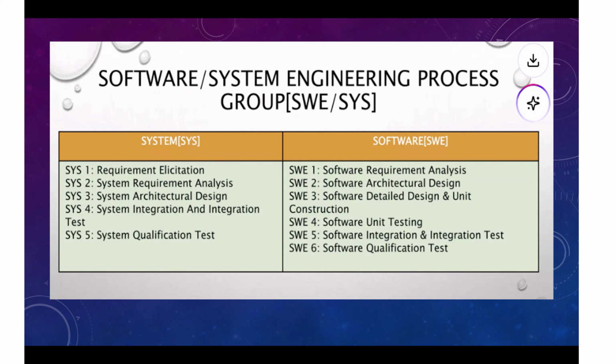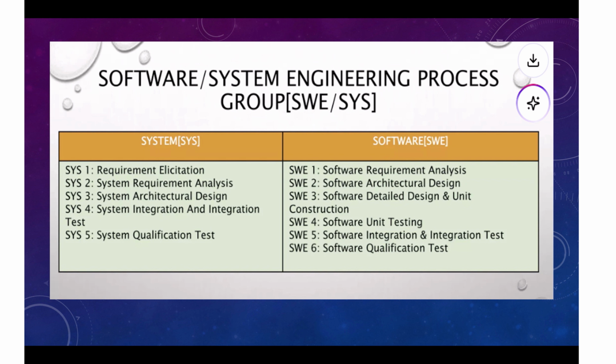This is not present in the system level, because we will not do any software unit level testing in the system level, because here it is at the code level, but in the system level it is not at the code level. Then the other difference is that here we have the detailed design and the unit construction, which is also not present in the system level. So this is a major difference.